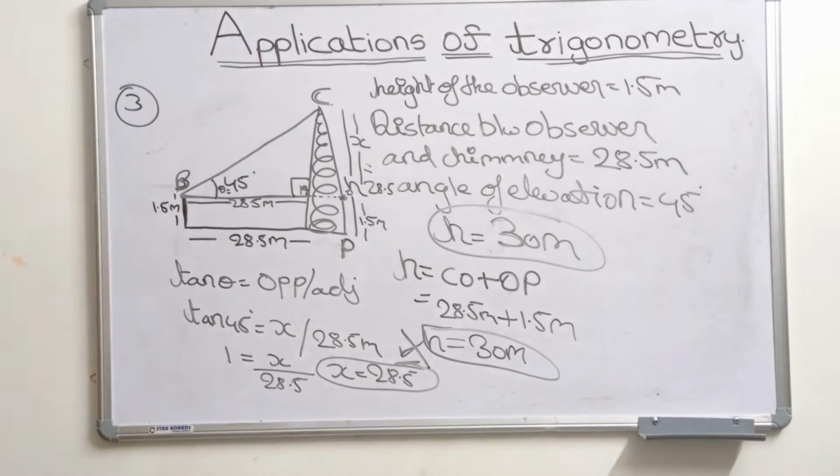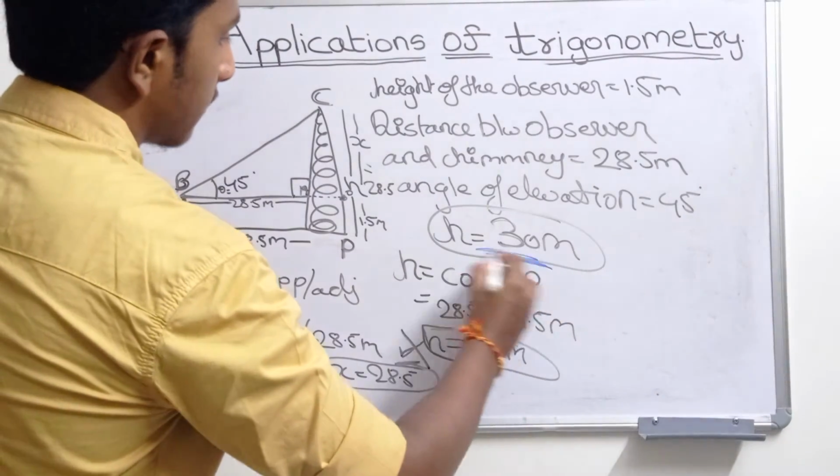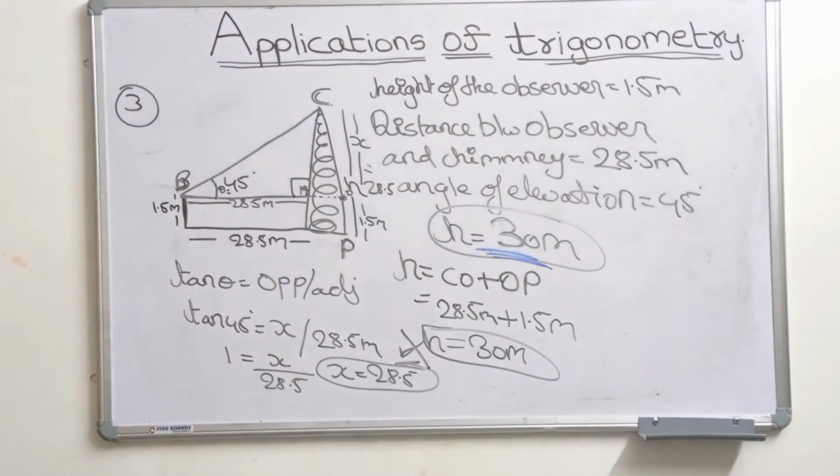Height of the chimney is equal to 30 meters.